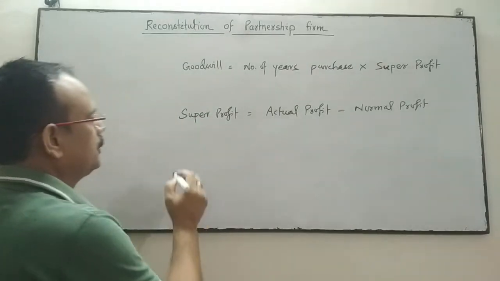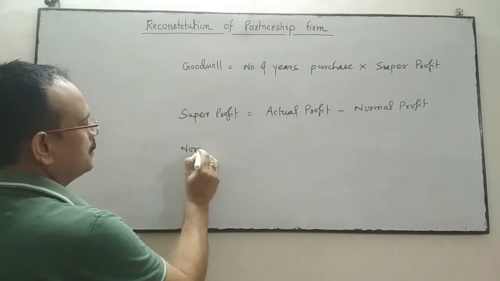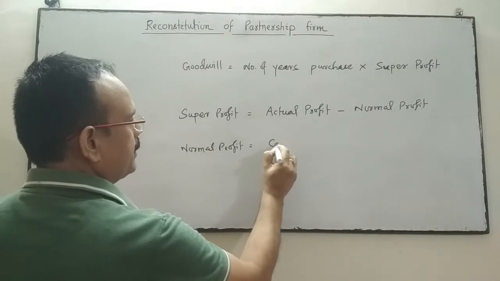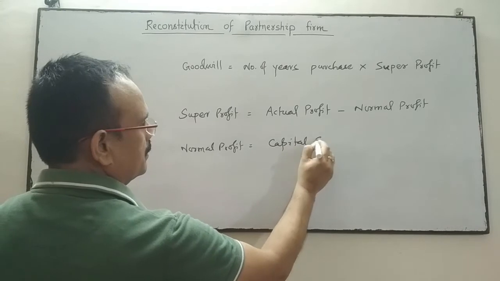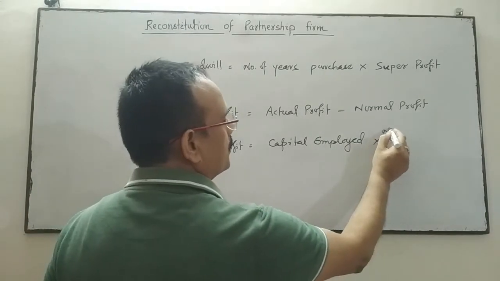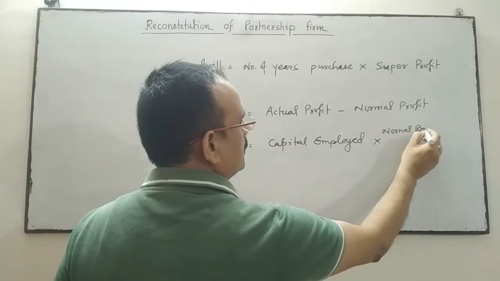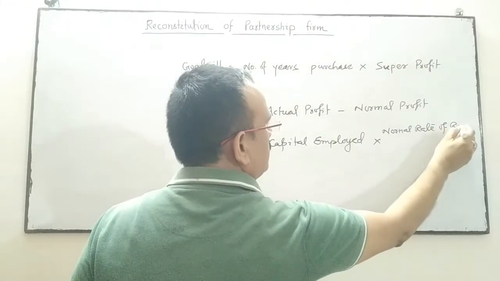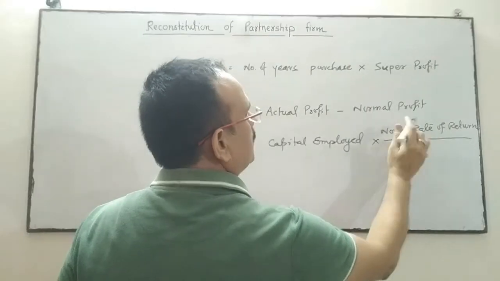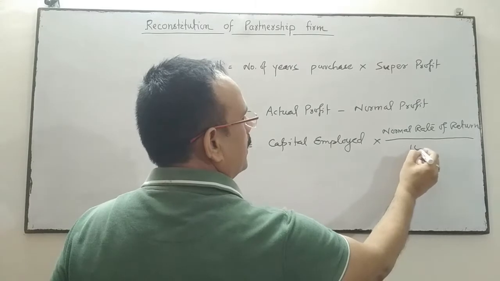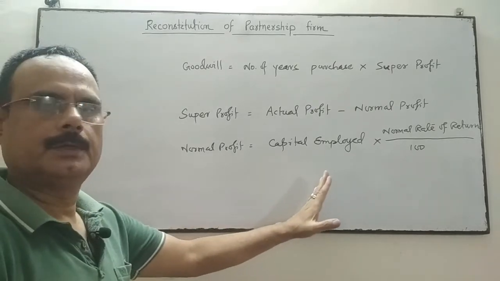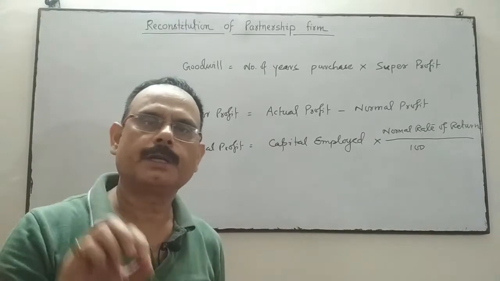Now what is normal profit? Normal profit means capital employed into normal rate of return divided by 100. Capital employed into the normal rate of return of that particular industry.